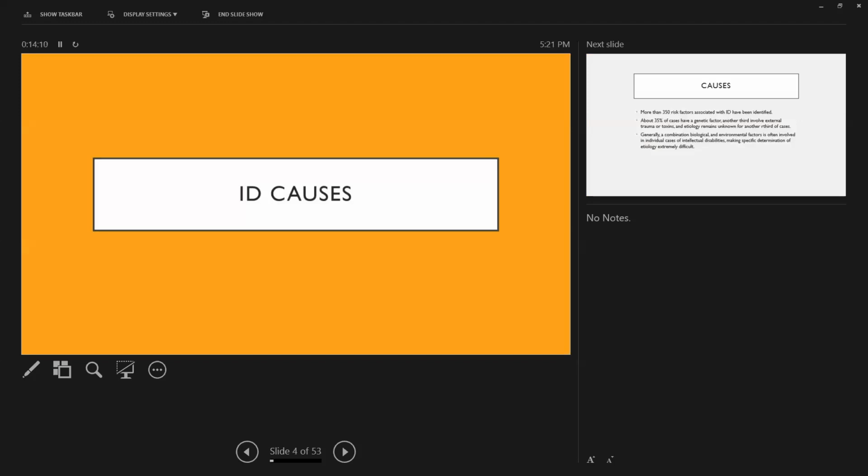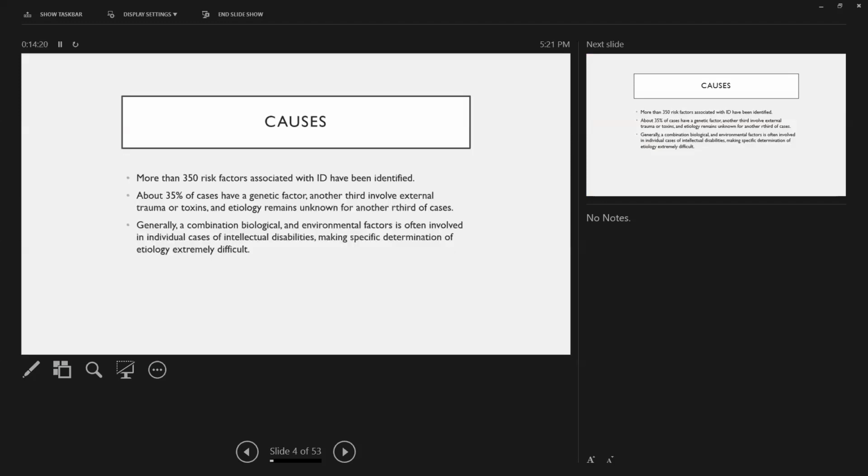Causes, of course, we're always interested in what are the causes of disabilities in an introductory level course such as this one. As we'll see, this is similar to the case of autism. More than 350 risk factors have been identified.